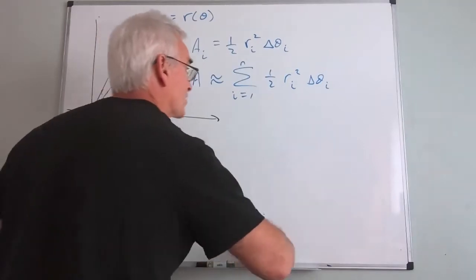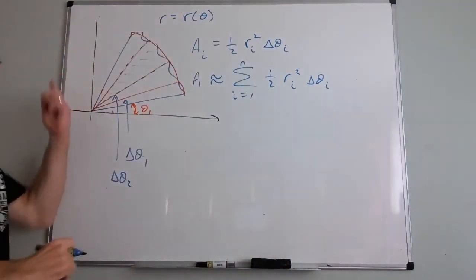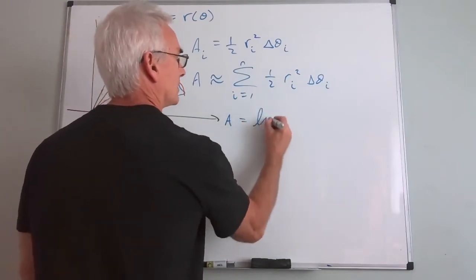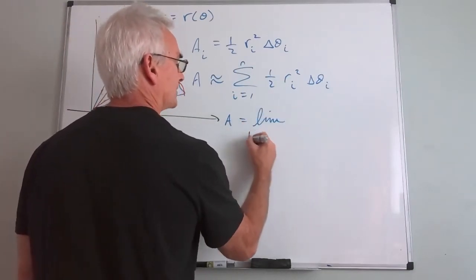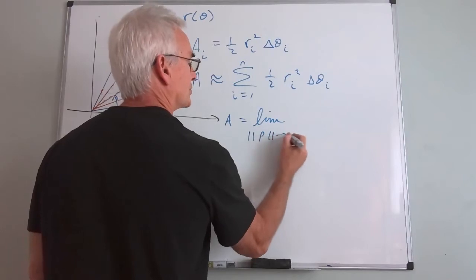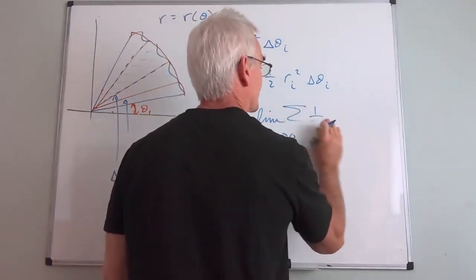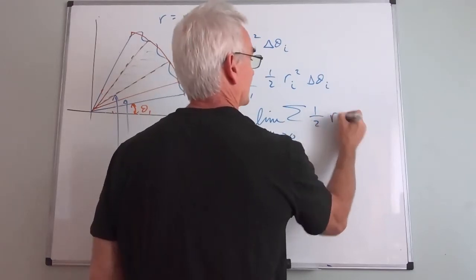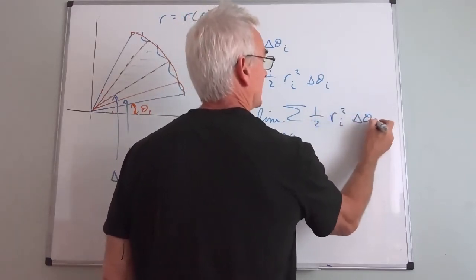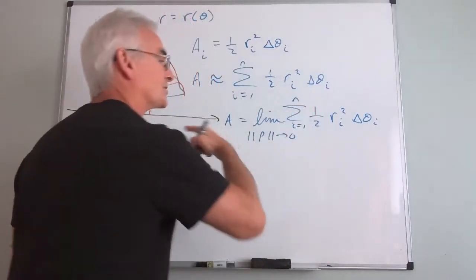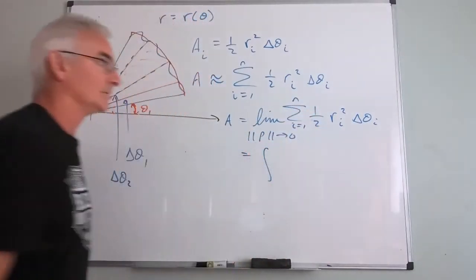Yes. In this case, the norm of the partition would be the largest such delta theta. So area would equal the limit as the norm of the partition approaches 0. The norm of the partition, remember, is the largest such slice. In this case, they would be thetas. Before it would be delta x's. And I know this translates directly into an integral.